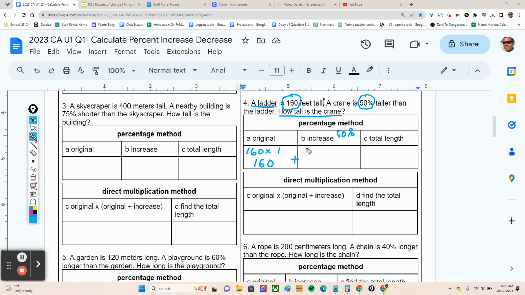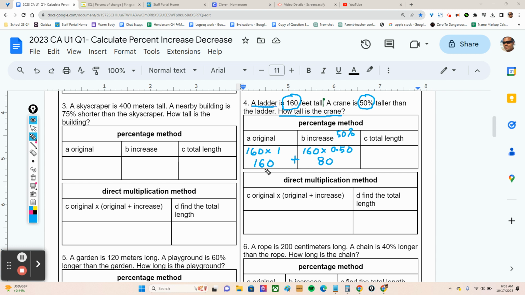So we're going to do 160 times 0.50. Well, half of 160 is 80. 50% of 160 is 80.